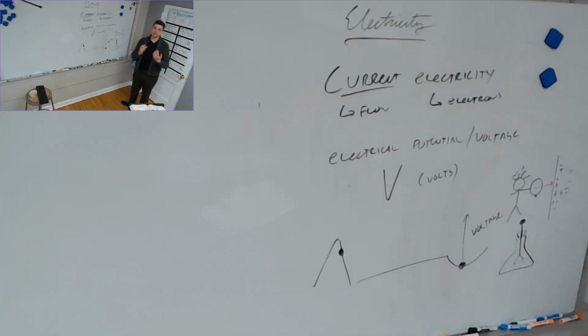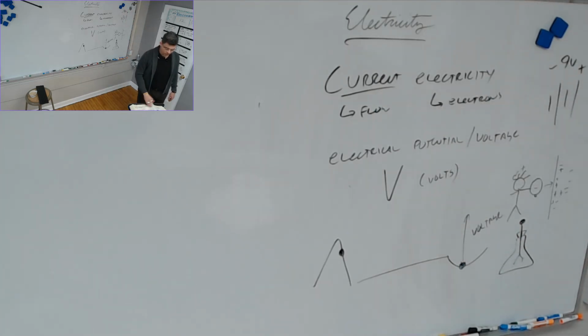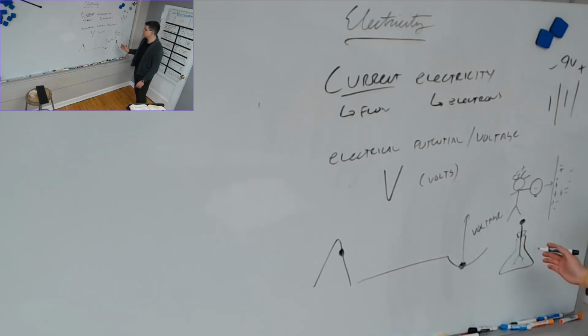The difference in the charge is the voltage. So in a battery, there's one charge on one end of it, a positive charge, and there's the opposite charge on the other end. And the difference between those is the voltage. In a 9-volt battery, the difference is 9 volts. In a AA battery, the difference is 1.5 volts. But that voltage difference can be used to power a circuit, like we had at the very beginning.